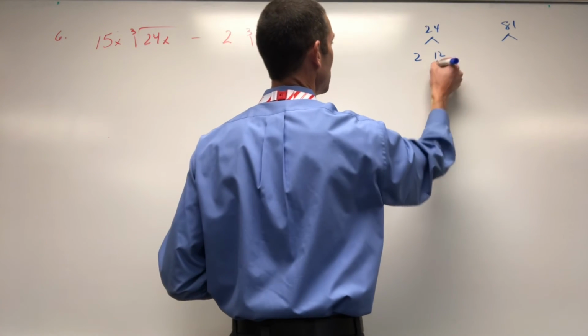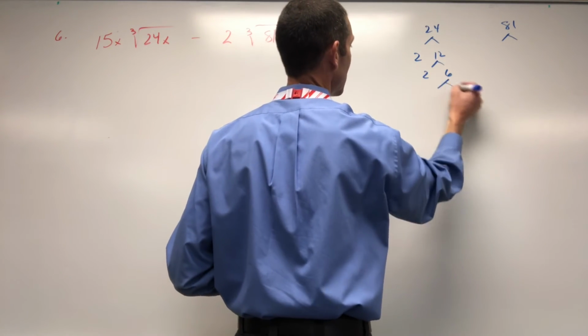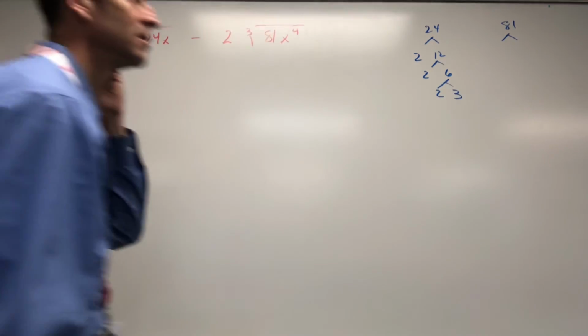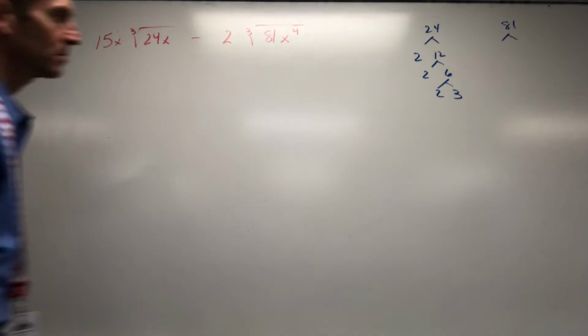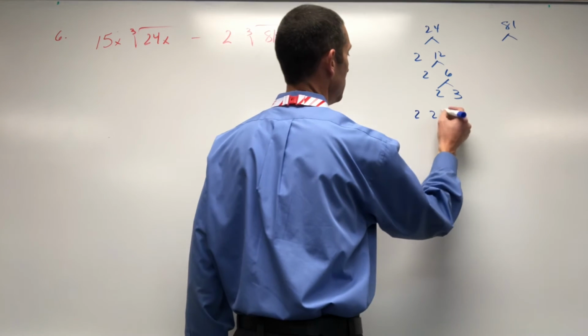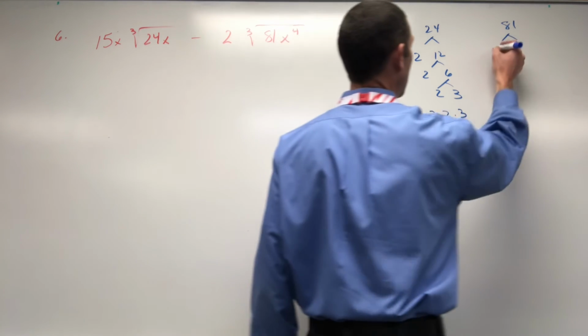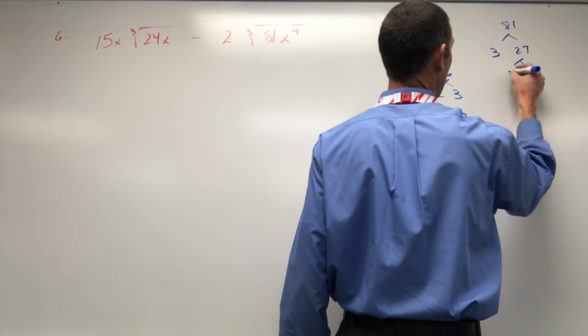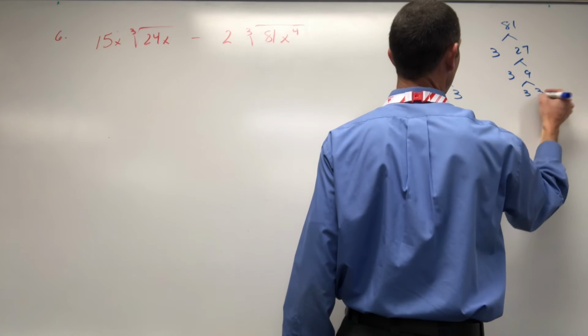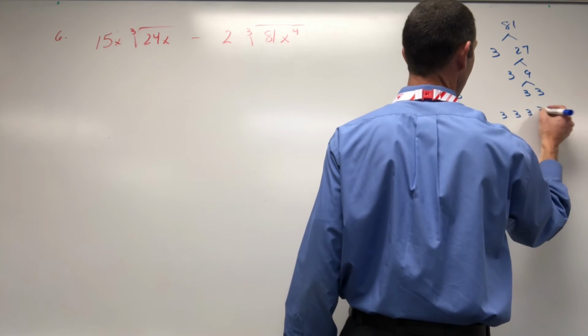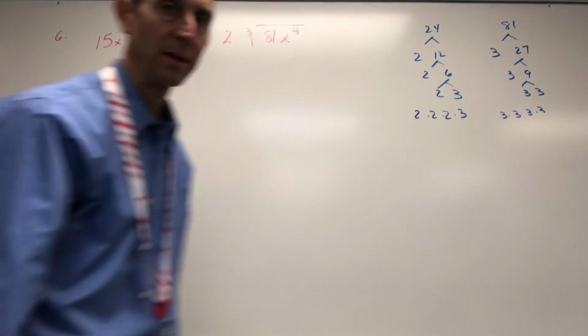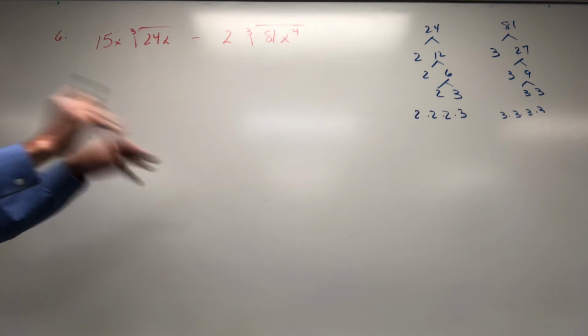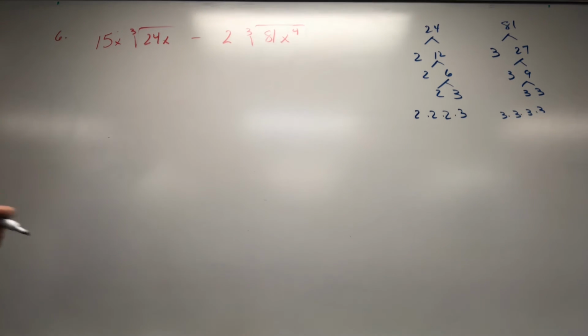24 is 2 and 12 and 2 and 6, 2 and 3. So what is that? 2, 2, 2, 3, boom, boom, boom. 81, oh, that's just a lot of threes. Okay, so we've got the 24 broken down, we've got the 81 broken down.